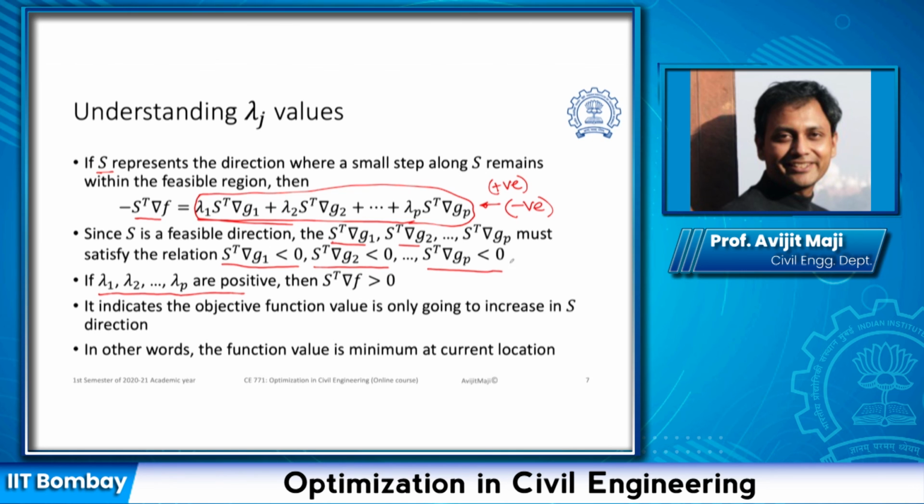If they are positive, this right hand side, as I indicated, is going to be negative, and if it is negative, my sign of the left hand side is matching, which means this has to be positive. So we are saying that the objective function value is only going to increase in the S direction. We have chosen the S direction, and in that direction my objective function value is going to increase because this part is supposed to be positive.